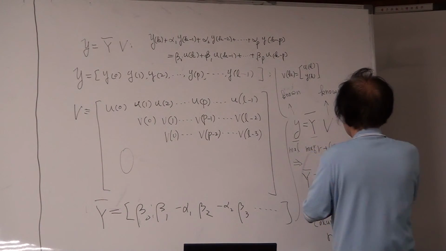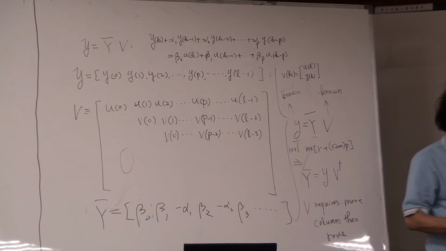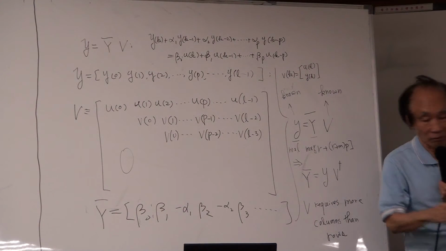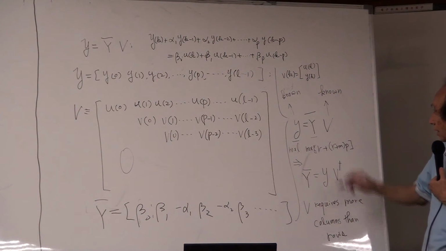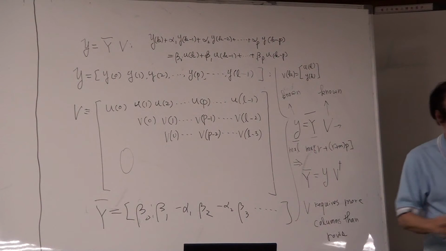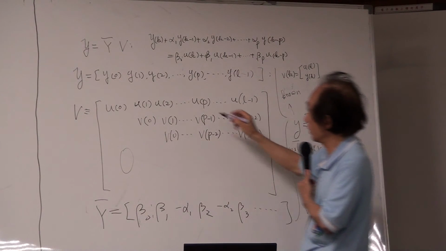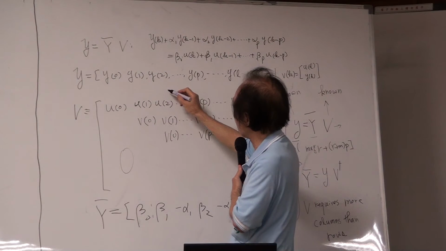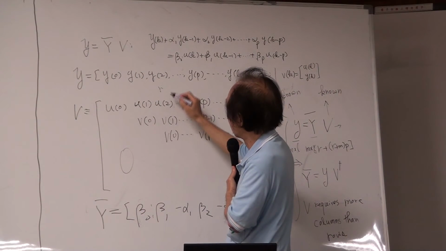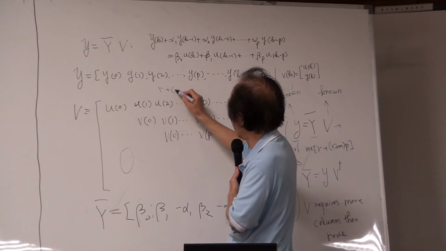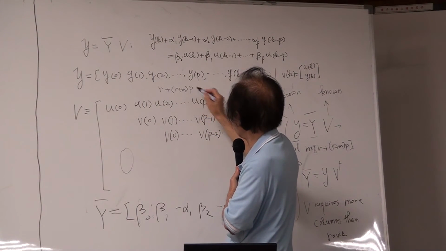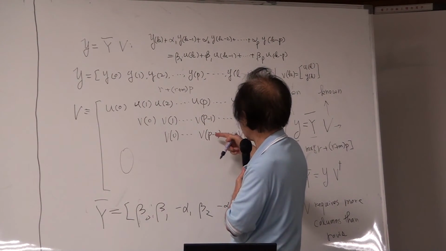That's this y. That's y bar. And how about this v? You've got to be careful there, all right? I think the size of this v is supposed to be r plus m times p.